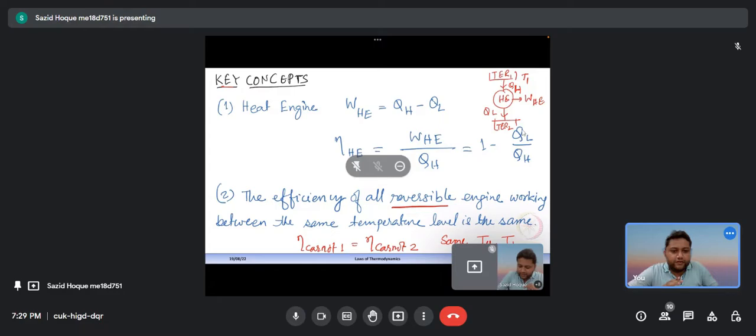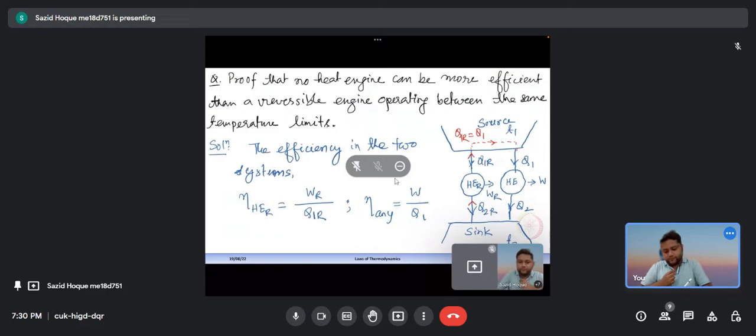If you have two temperature reservoirs TL and TH, let's say this is TH and this is TL, between these two reservoirs, if you want to find the efficiency of the reversible engine, then for reversible engines, if you take two reversible engines 1 and 2, and these are called Carnot engines in the name of this scientist, this will be the same for a given TH and TL. That we will be seeing soon.